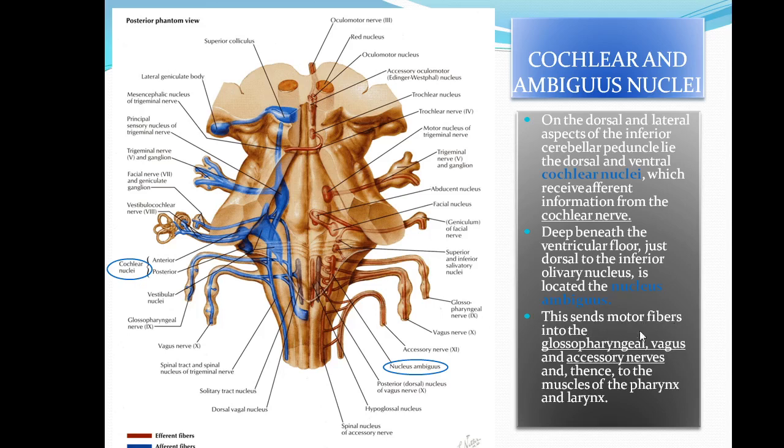This sends motor information to glossopharyngeal, vagus, and accessory nerves, and thence to the muscles of the pharynx and larynx. So you can see here the nucleus ambiguus.